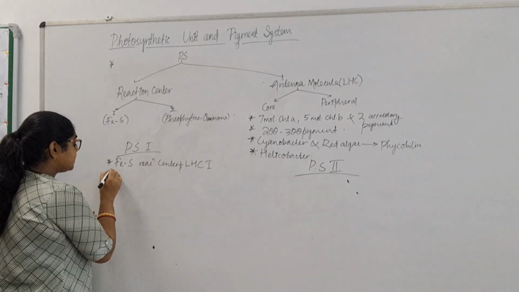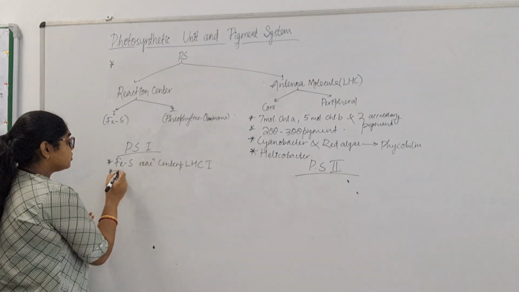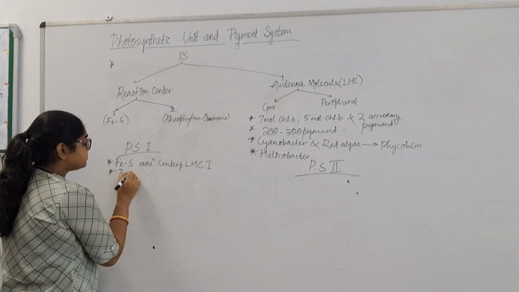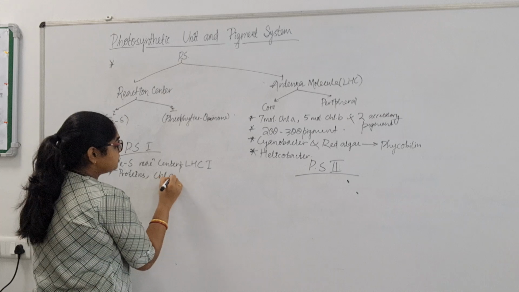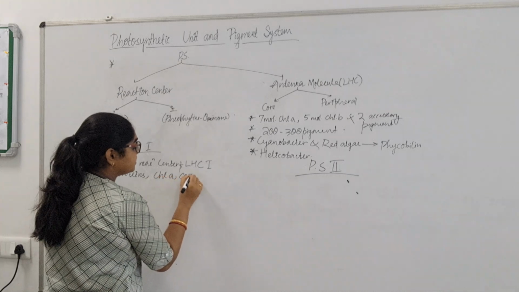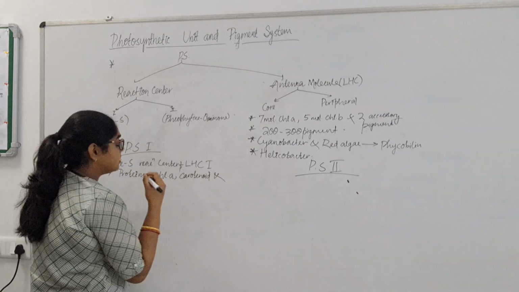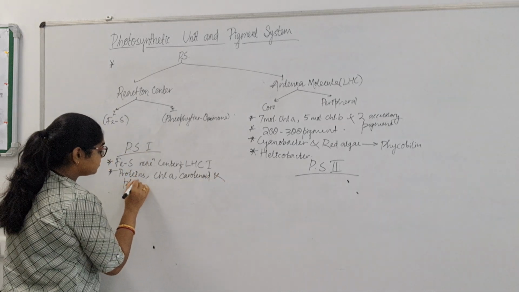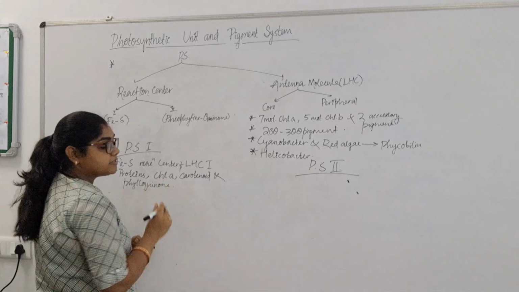Beside the reaction center and antenna molecule, it also contains some proteins, chlorophyll a molecules, carotenoid and phytoquinone and some other factors.